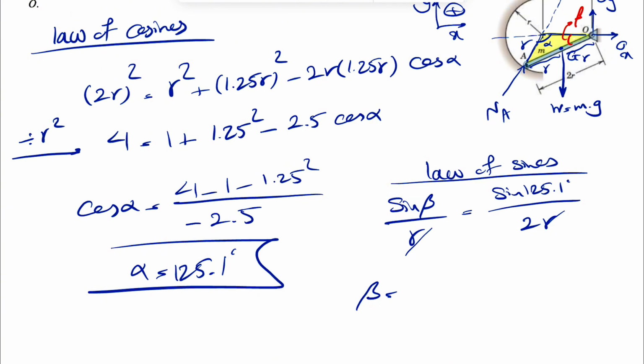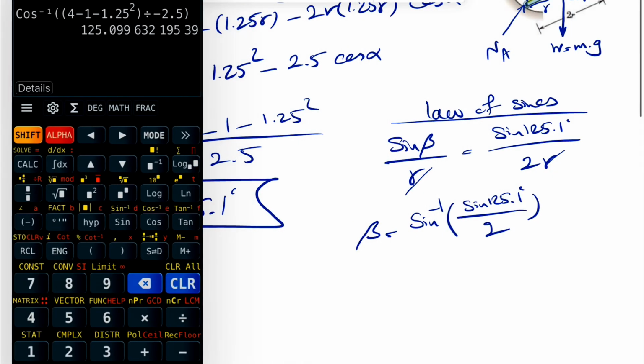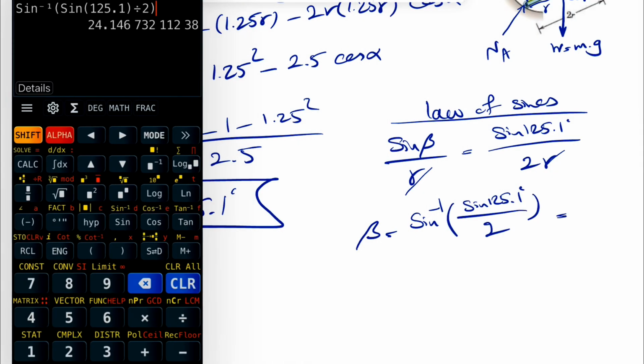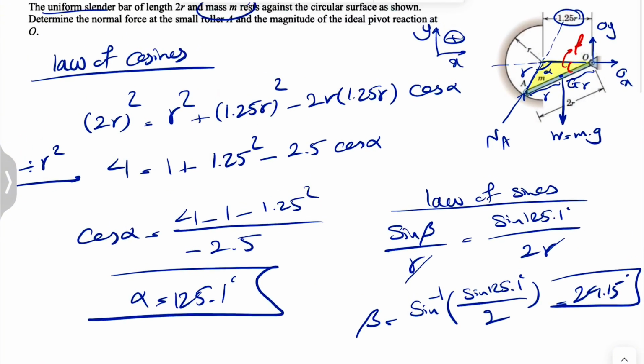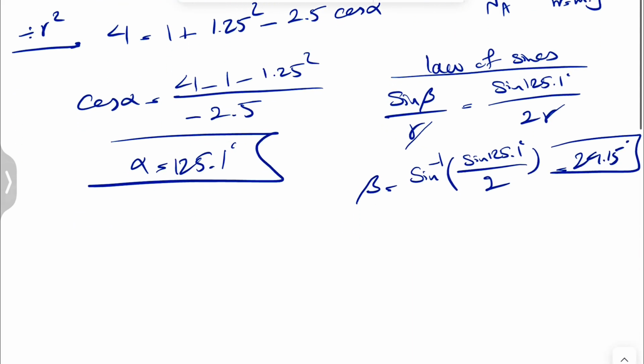So beta would be sine inverse of sine of 125.1 divided by 2. So let's calculate our beta. So our beta would be 24.15 degrees. And now that we have these angles, if we want to find one more angle here, this one, maybe we can call this one theta.